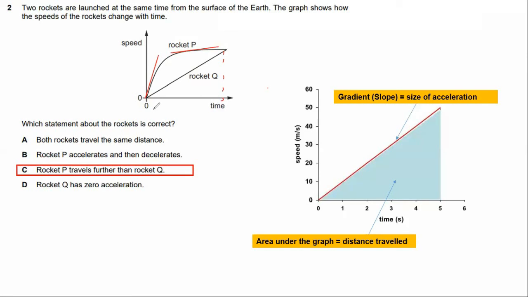A negative acceleration or a deceleration is represented with a negative gradient, where the line or the tangent makes an obtuse angle with the positive x direction. I will show it with an example graph.